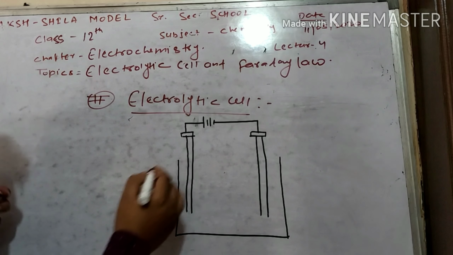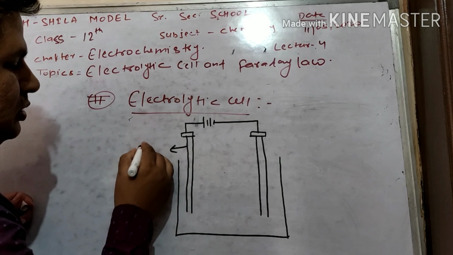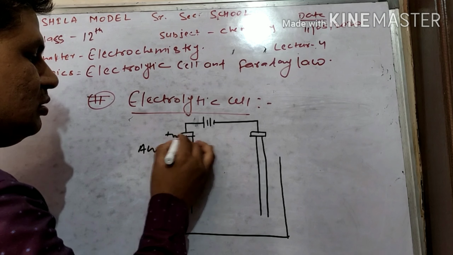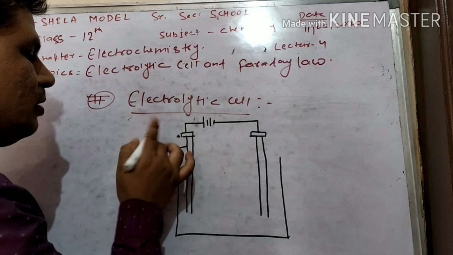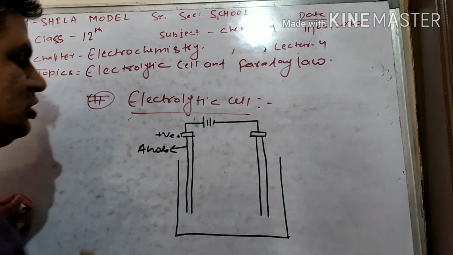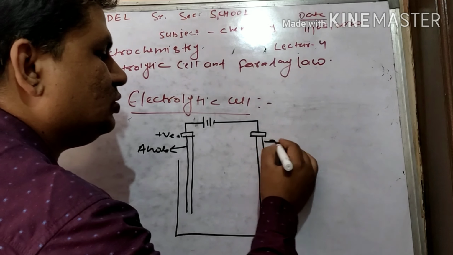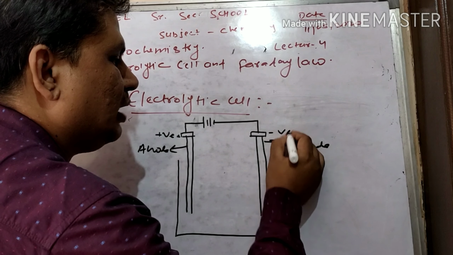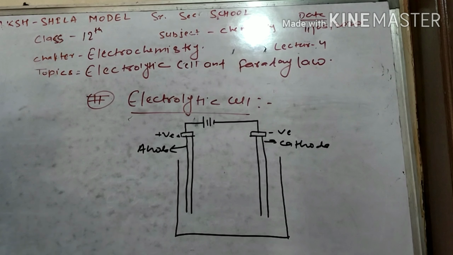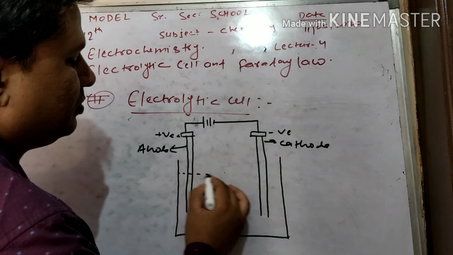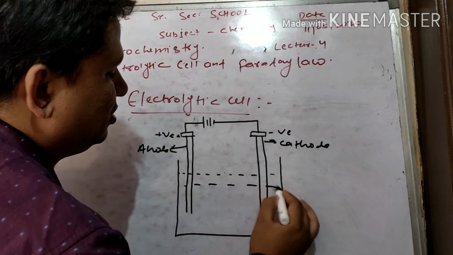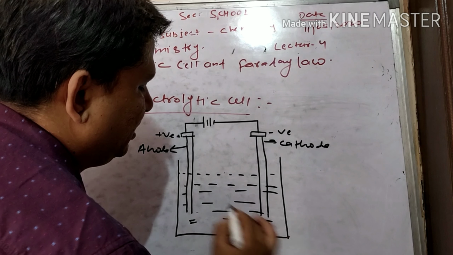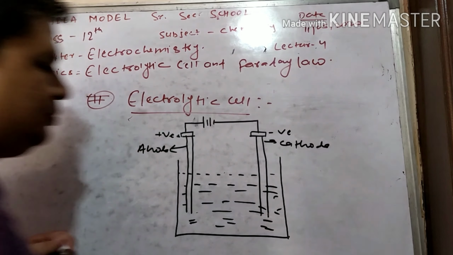So this electrode, generally known as anode, has positive charge, and this electrode, generally known as cathode, has negative charge, and this is the electrolytic tank in which some electrolytes are present.